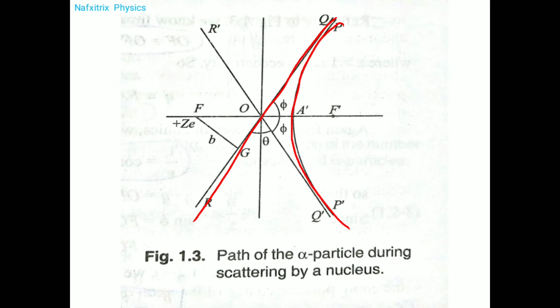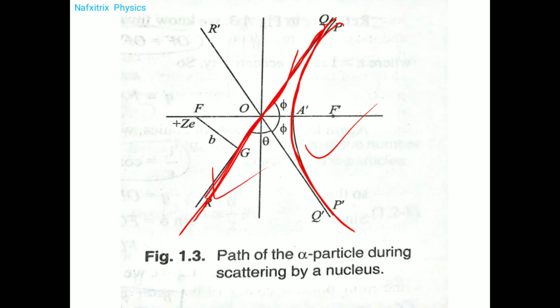If the nucleus was not opposing that alpha particle, it could have gone in this straight line path, but no, it is repulsing it, it is opposing it. So that's why it is frequently changing. Finally it has gone into a hyperbolic path.